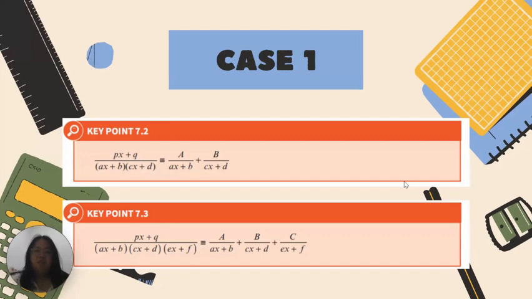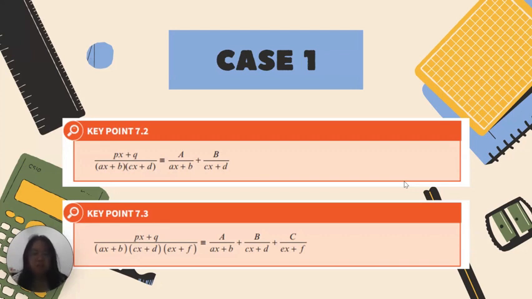Case 1. If the question is in this form, then we can use case 1 to solve the problem. We just need to split the denominator from the original question into two parts of fractions, like this and this. Just follow the original question.